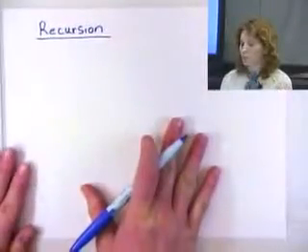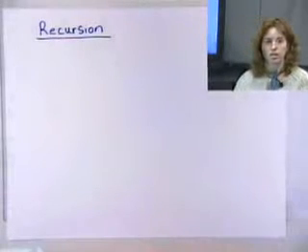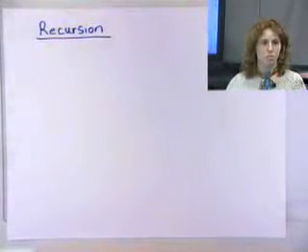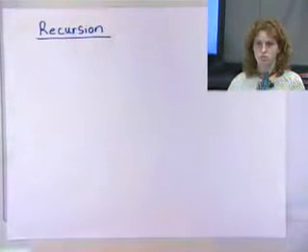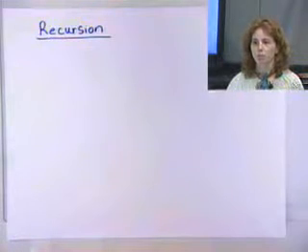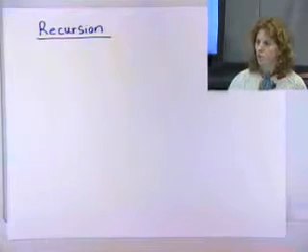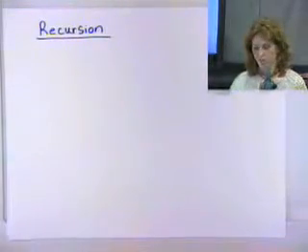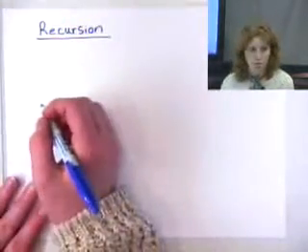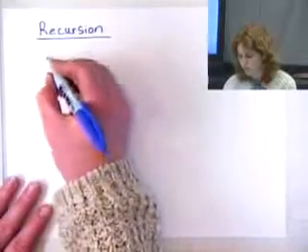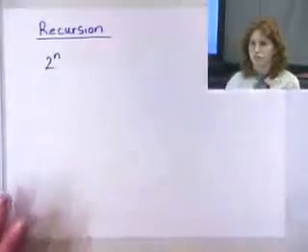So recursion is a really important concept in computer science because sometimes you want to give a rule for making something, but you don't want to specify. So just like in induction, sometimes you want to prove something in a general case, no matter how large your n is. Sometimes you want to be able to say a rule for making something no matter how large something is. So the simplest example of recursion that I can think of is something like 2 to the n.